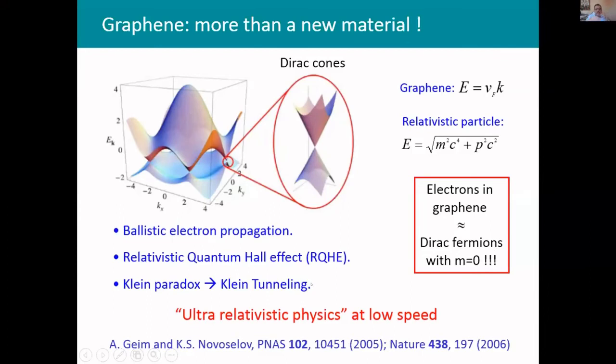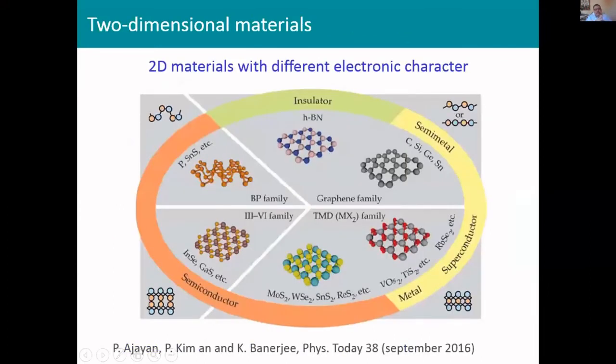So, after the discovery of these properties of graphene, we started a new era in material science. We started the interest and the discovery of new two-dimensional materials. In this review, in 2016, all these kinds of new two-dimensional materials were analyzed.